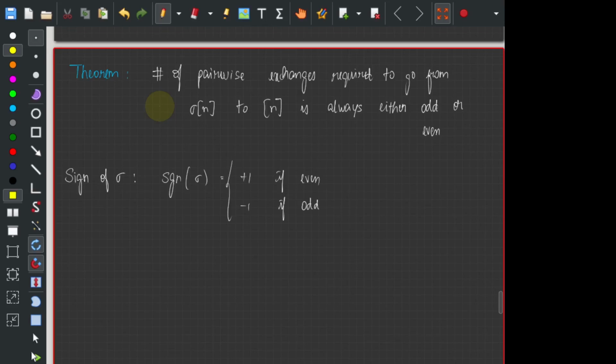I'm not proving all of this, so just take it as a fact. You can take any permutation you want and find how many pairwise exchanges are required, and it's always odd or always even.